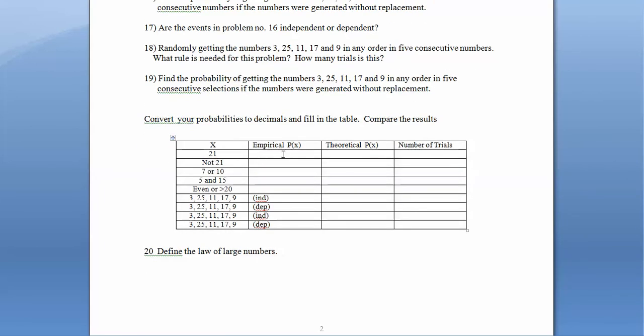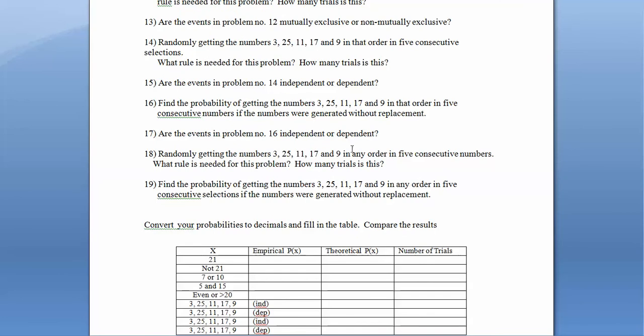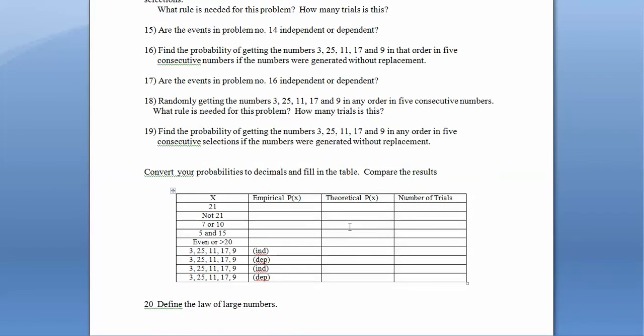So for the problems 1 through 7, the answers are going to go in here. And then the rest of these ones, 8 through, I think, 16, we're going to put in here. Number of trials is actually given in a problem. For example, number 19 says, if you have 5 consecutive selections, that's 5 trials, and so on.